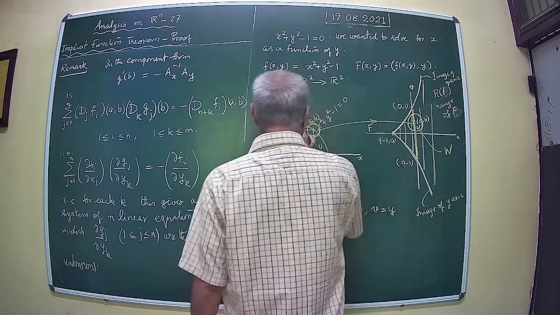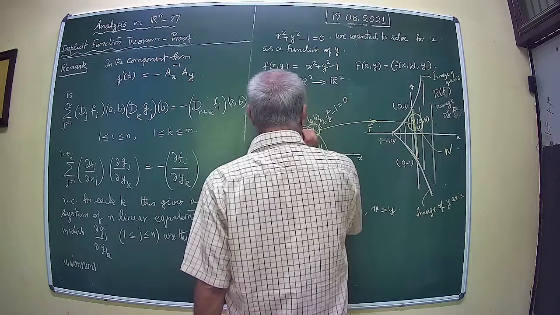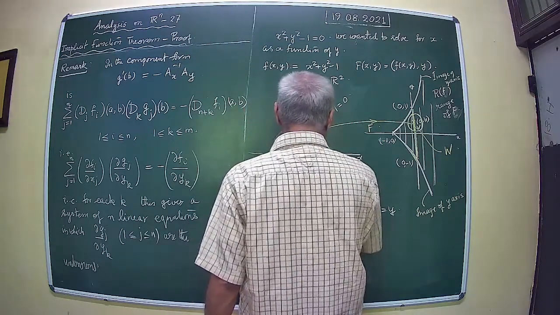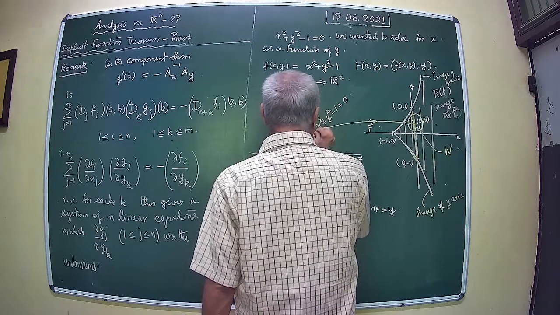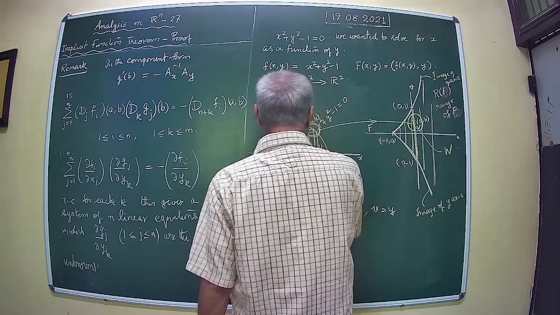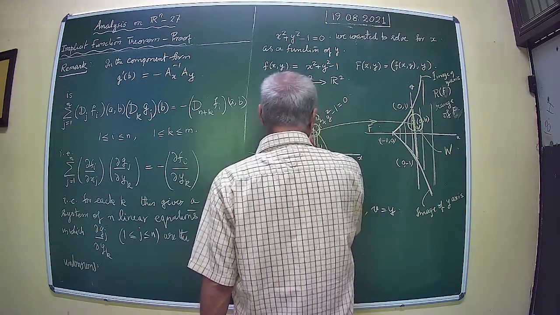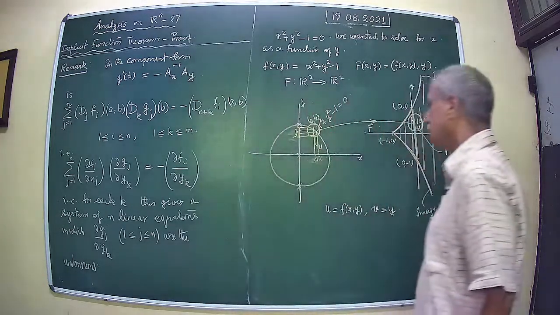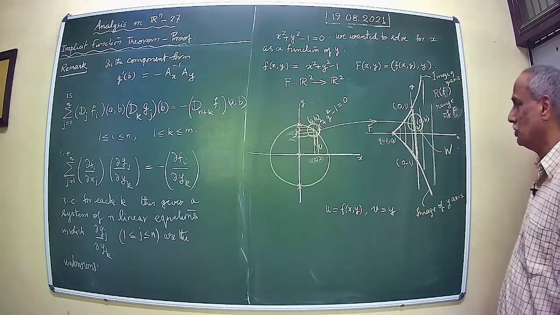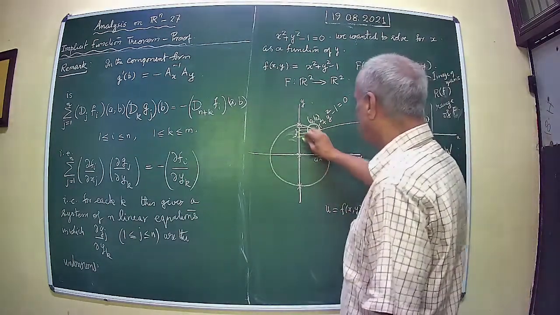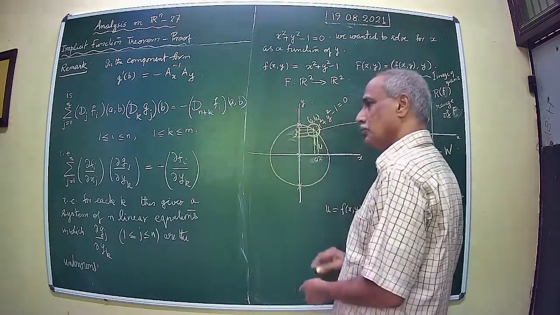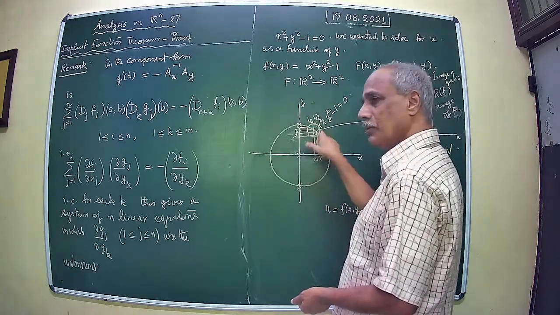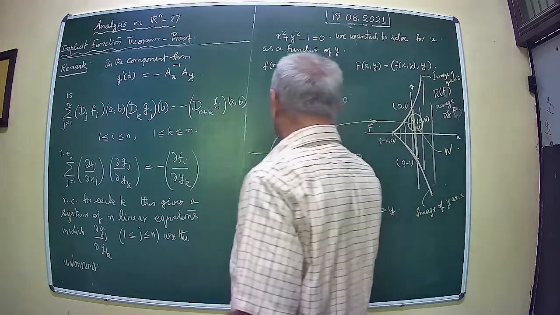This is B, this is B, this is A, and you have y getting mapped to an x here. This is the image. Okay, so x is defined as a function of y and given by this particular arc.